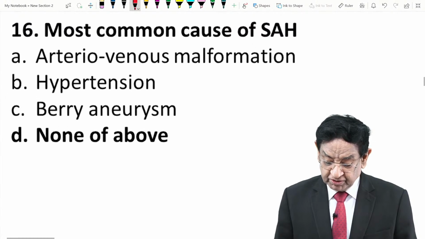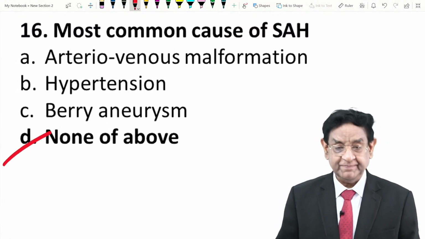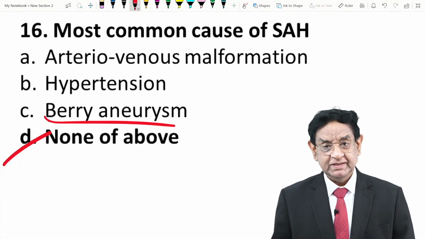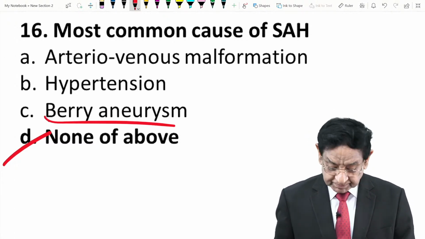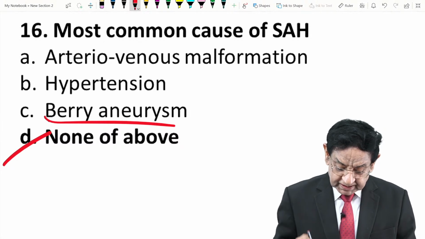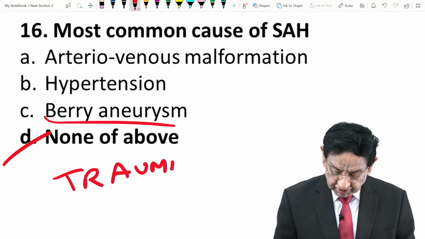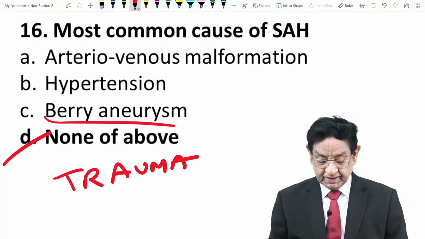Most common cause of SAH, answer D, and I am sure most of you have gone for this answer. It's the most common wrong answer, because trauma is the most common cause of subarachnoid hemorrhage.